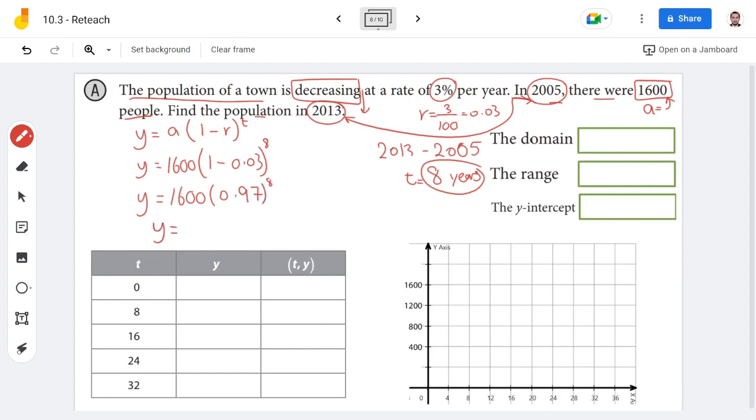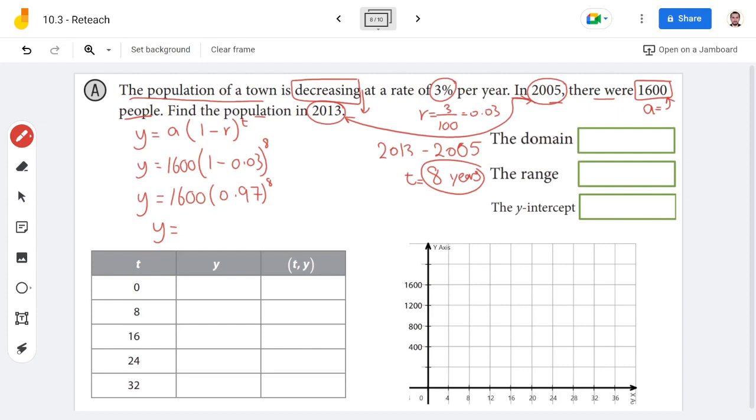Now, y is equal to 1,600 multiplied by 0.97, all of that to the power of 8, which equals 1,253.